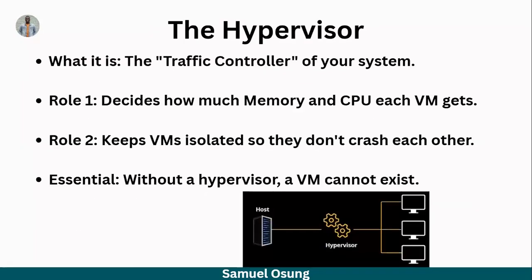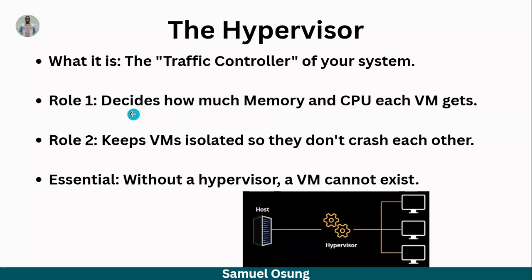Now, let us talk about how virtual machines actually work. There is something called a hypervisor. In layman's terms, think of the hypervisor as the traffic controller of your system.